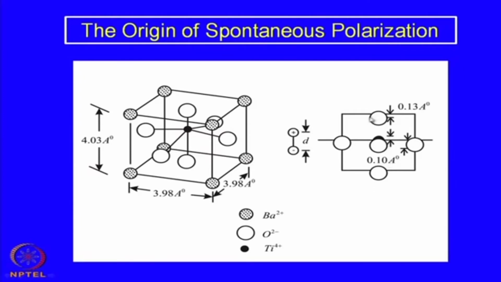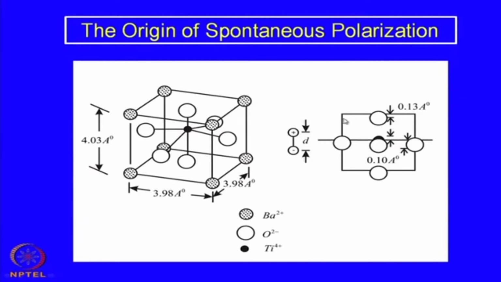So, there is some amount of displacement, distortion from the symmetric structure, and because of that, the black one is titanium, the positively charged ions, and the barium ions are also positive ions which are at the center.